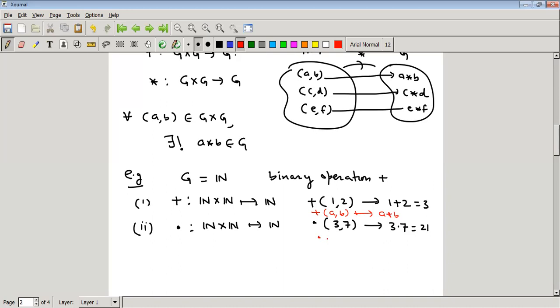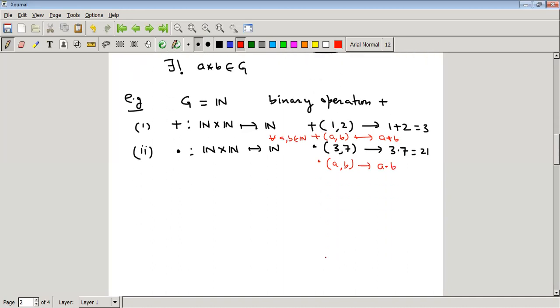Similarly, for multiplication, you can take any a and b in N such that a dot b is also a natural number. So on the set of natural numbers, addition and multiplication satisfy the binary operation.